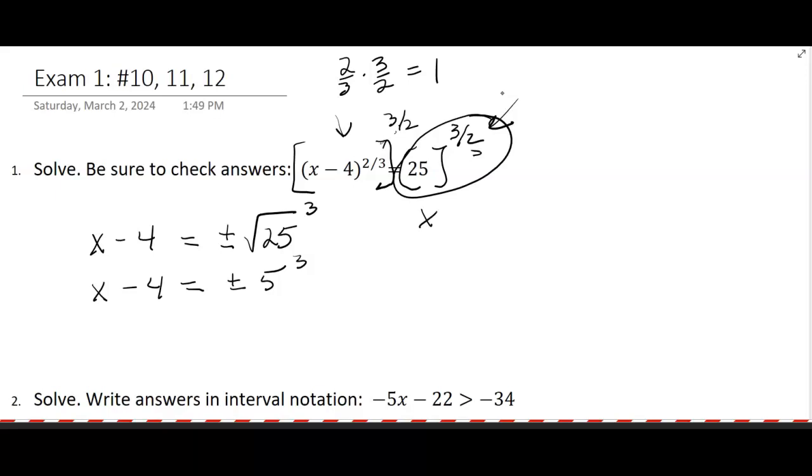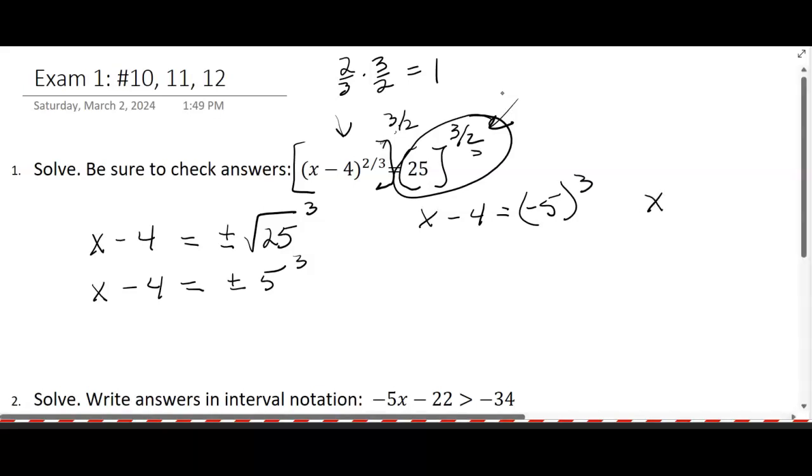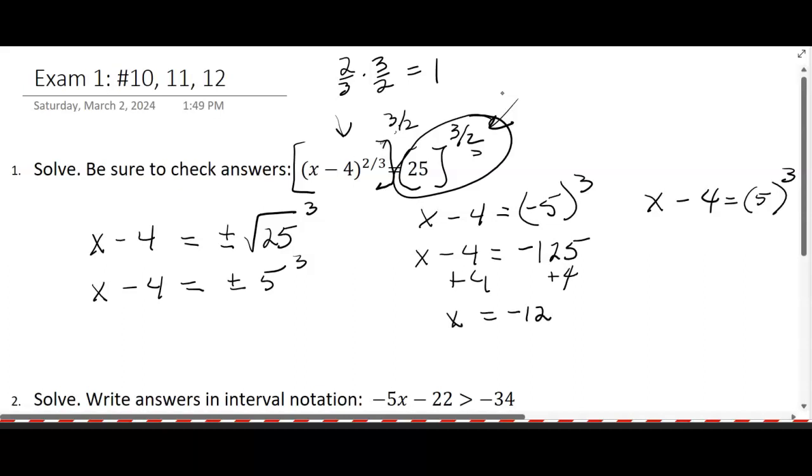We're going to have x minus 4 equals negative 5 cubed, and we're going to have x minus 4 equals positive 5 cubed. Well, when you do negative 5 cubed, you're going to get negative 125. And if you add 4 to both sides, you get x equals negative 121.